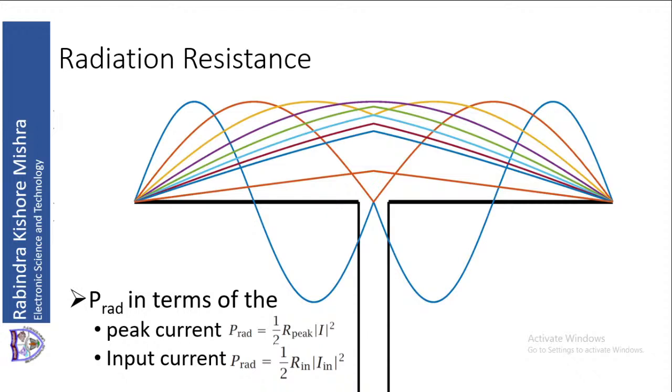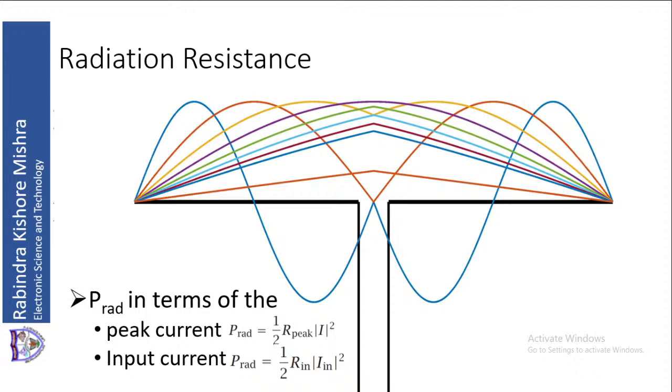Frequency changes means lambda changes, which means the electrical length, L by lambda, changes. So for different frequencies, in all cases at the end the current is 0, but not in all cases at the center the current is 0.